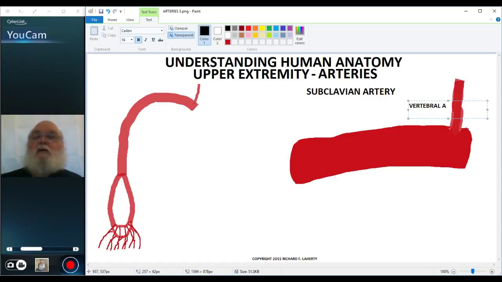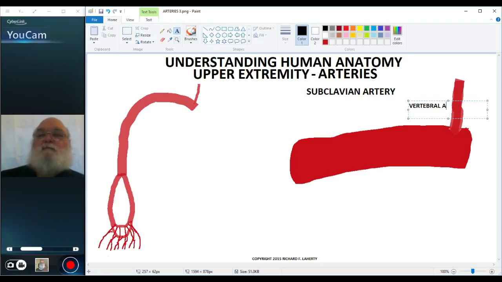And the vertebral artery goes up into the cranial vault through the foramen magnum and is half the blood supply to the brain. The two vertebral arteries, left and right, provide half the blood supply to the brain.